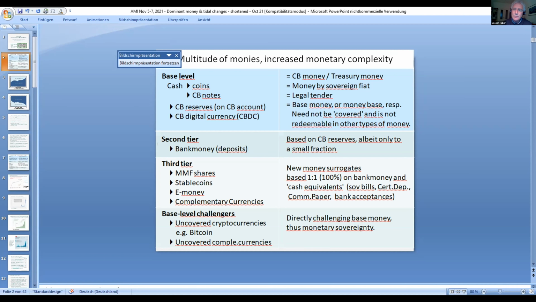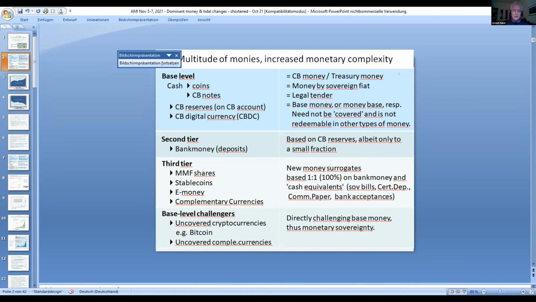And as we all know, it's not based 100% on central bank money, but only to a very small fraction today. And then we have a third tier that came into existence during the last 10 to 30 or 40 years even.